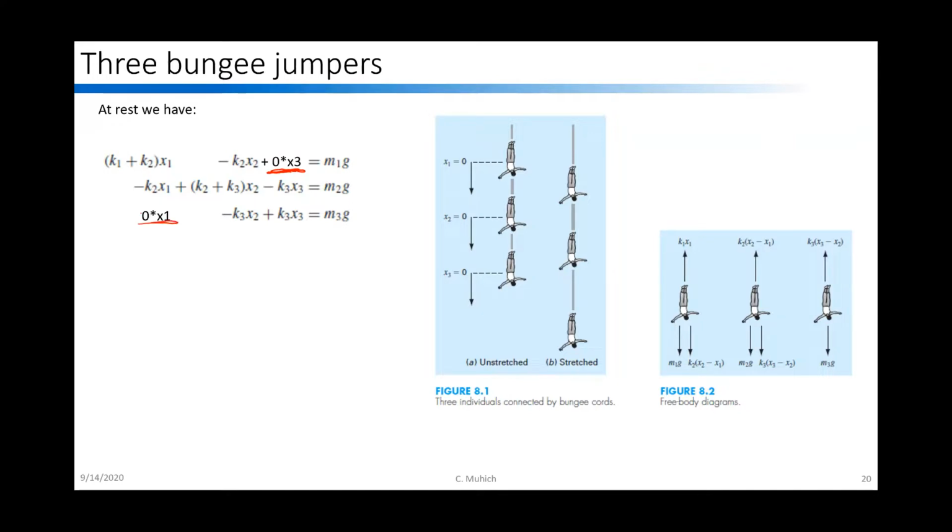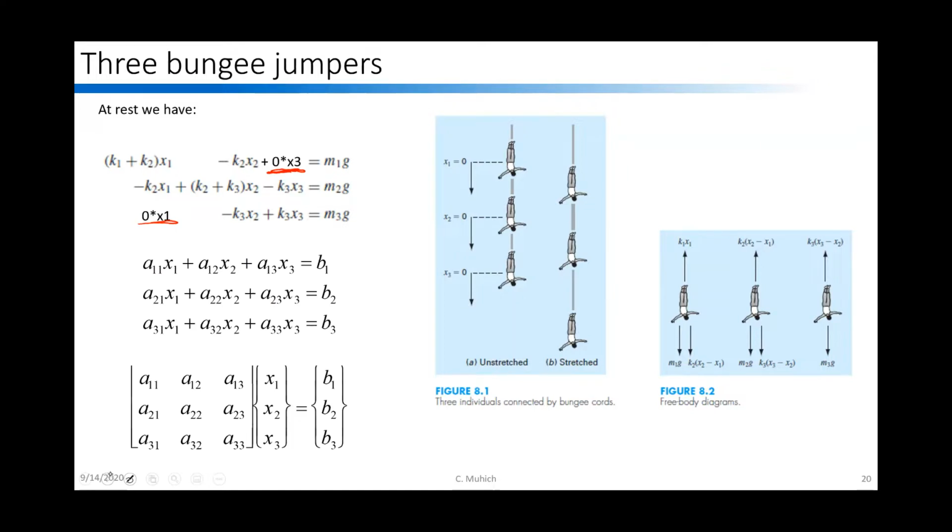And then we can do the same thing with the third equation, where we add a 0 times x1 to make sure that we have that x1 term. So I can rewrite these equations in this form, and we can see that we're already looking like the matrix math form.